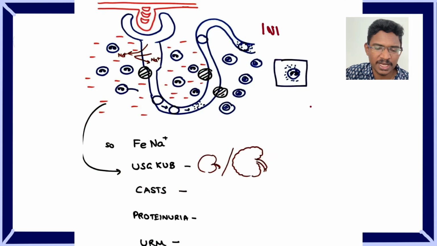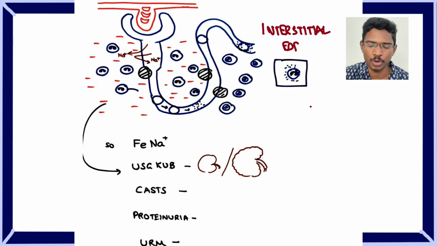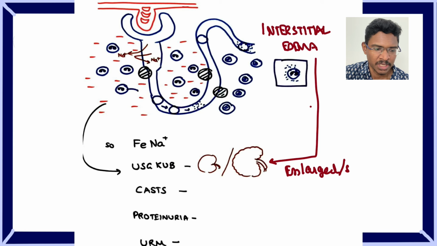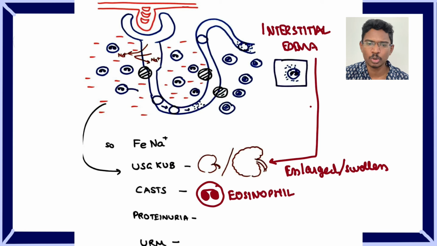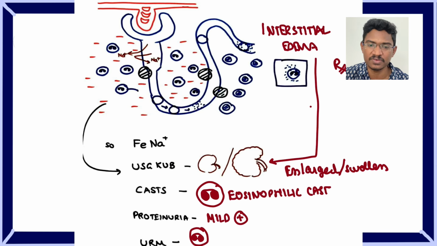And if you see the cast, these eosinophils can be excreted along with the proteinuric content, producing eosinophilic cast. So this you should be knowing. Treatment is mostly drug withdrawal itself will settle it, or else if it is going to the severe extent, then you can give steroids, because it is a type 1 hypersensitivity.